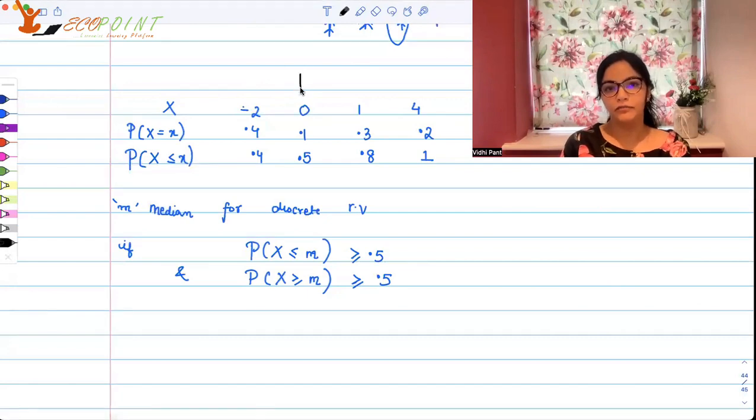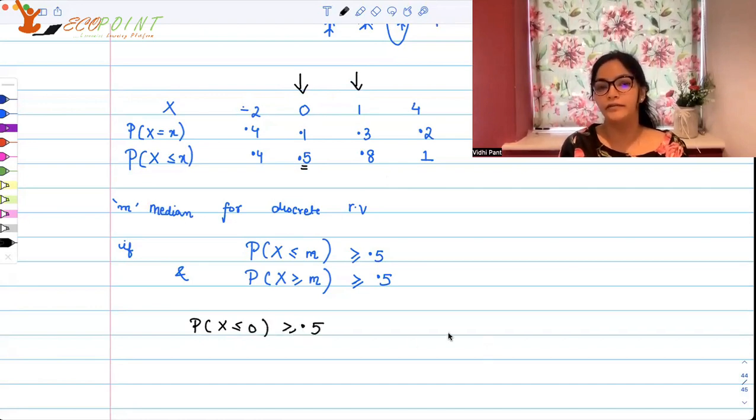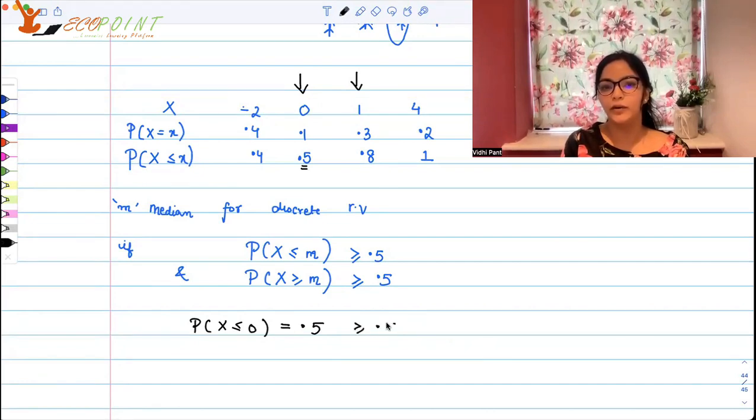And that gives us, now if you observe, probability x is less than or equal to 0 is 0.5. And probability x is less than or equal to 1 is 0.8, again more than or equal to 50%, right? So probability x less than or equal to 0 is actually equal to 0.5, so I can take it as greater than or equal to 0.5.